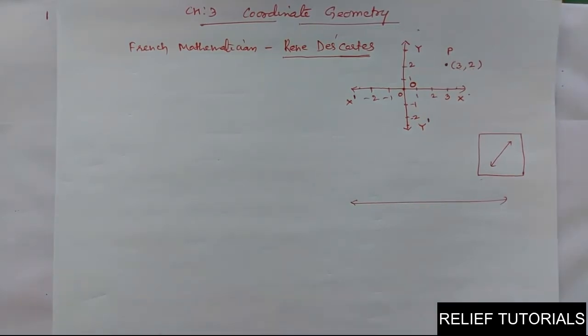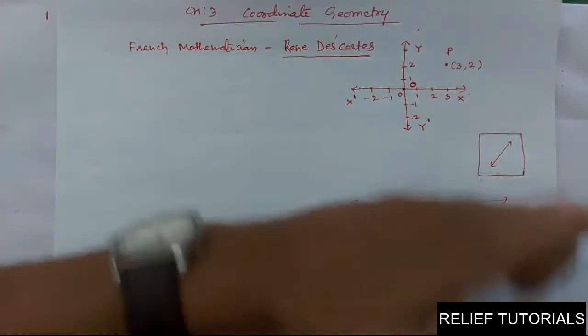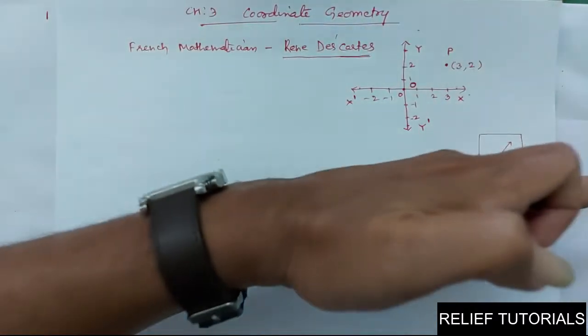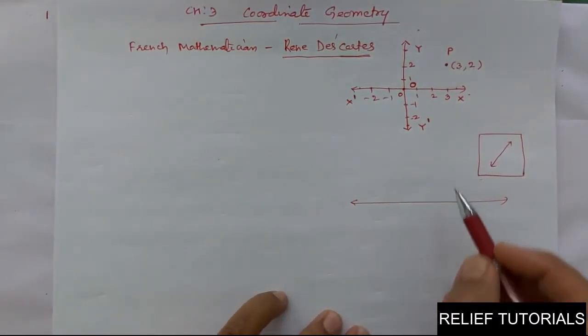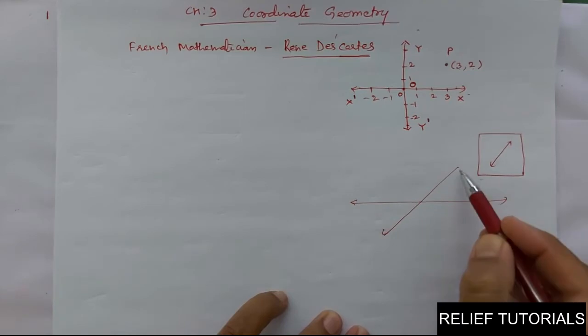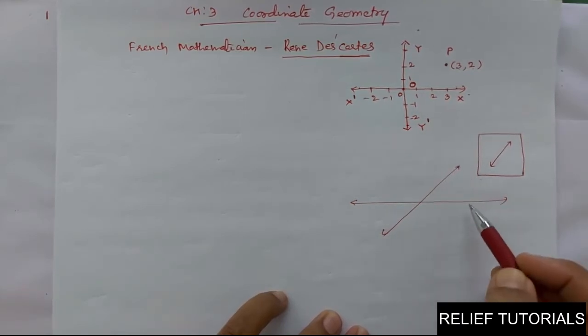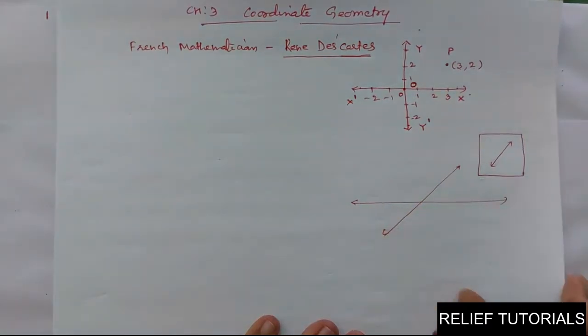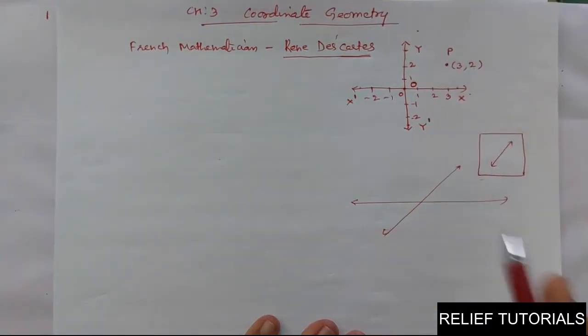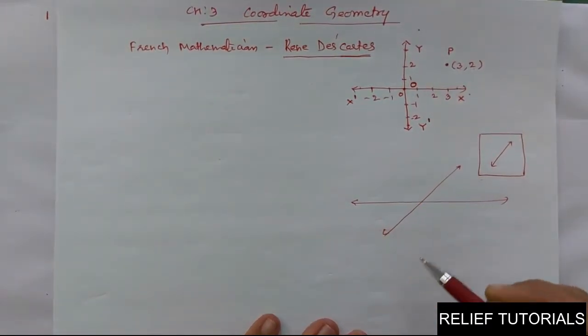Through this line you can pass one page, another page, a third page. So many pages can be passed through this line. But if you draw two intersecting lines, then through these two intersecting lines at a time you can pass only one plane, that is our page. So two intersecting lines determine a unique plane.